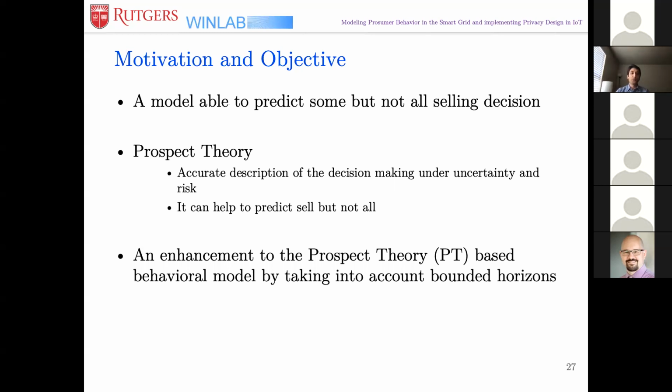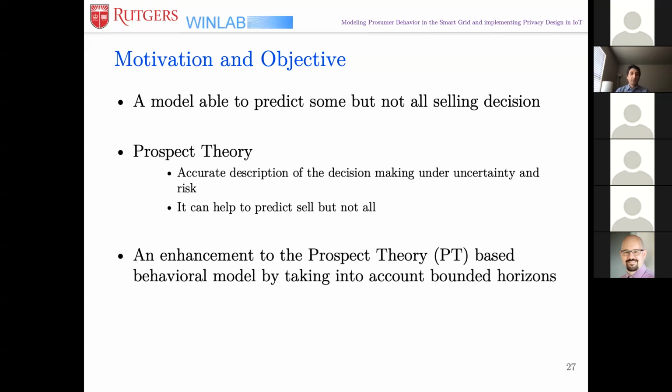The Nobel Prize winning prospect theory provides a psychologically accurate description of decision making under uncertainty and risk. We show that prospect theory can help to predict some but not all selling decisions, and it also provides a more accurate and closer description of prosumer decision making than do EUT-based models.